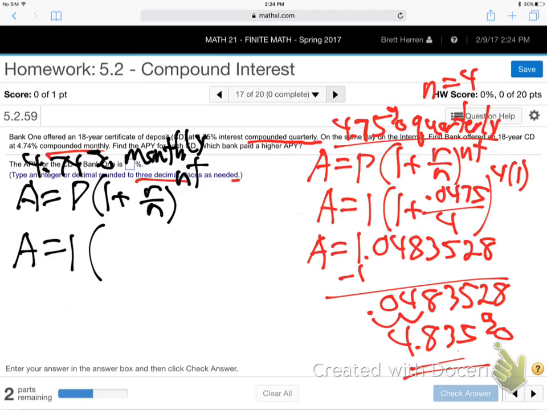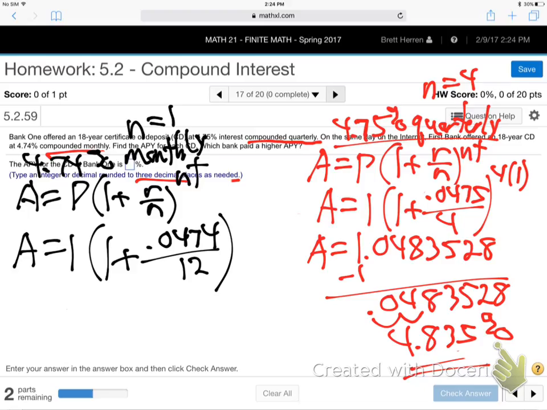Again, $1 for 1 year, 0.0474 over n, and it's supposed to be 12, huh? n is 12 for monthly, so I should have made that 12. So again, $1, 1 year, that's how we always do annual percentage yield, what happens in 1 year annually. If you find what happens to $1, you know it's happening to all the dollars.